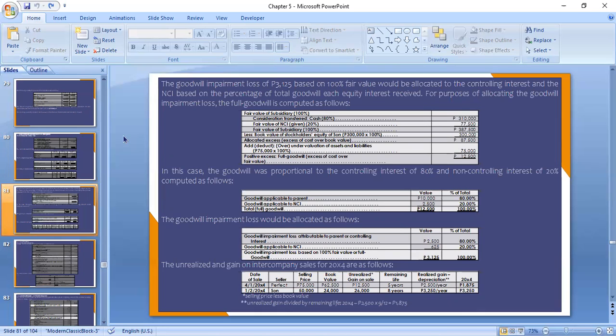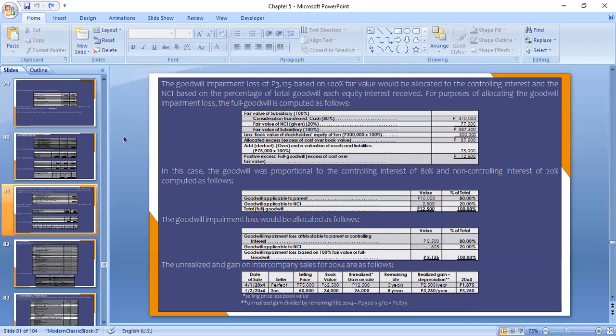So we have the answers. For purposes of allocating the goodwill impairment loss, the full goodwill is computed as follows. So we have now the full goodwill, excess of cost over fair value of 12,500. The consideration transferred, cash 80%, 310,000.